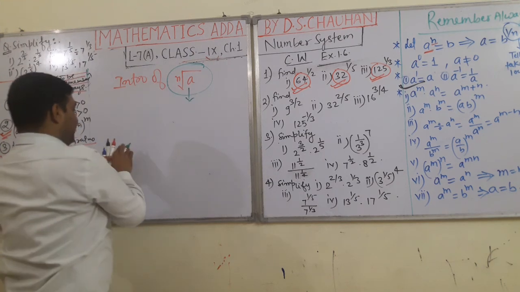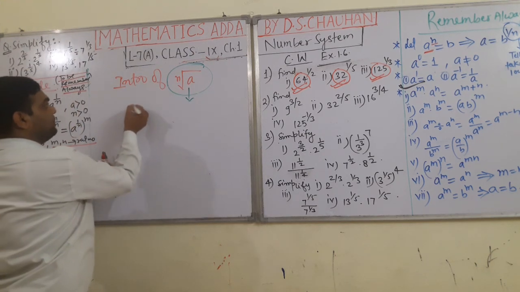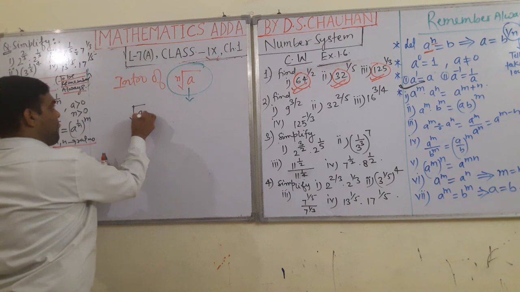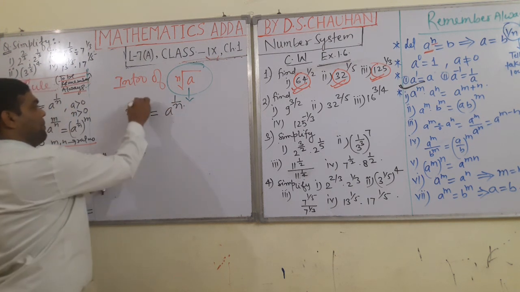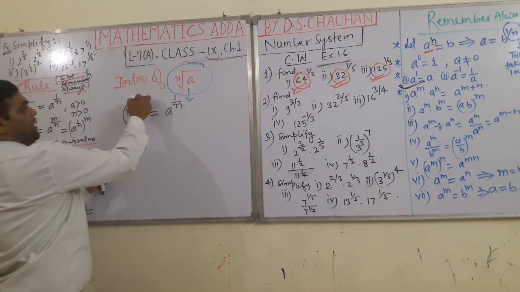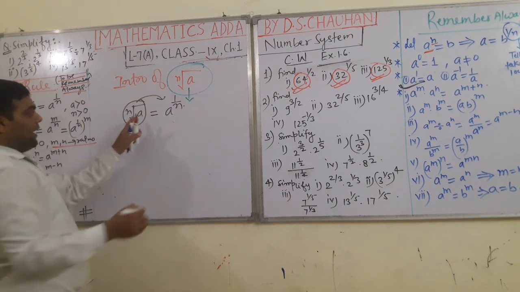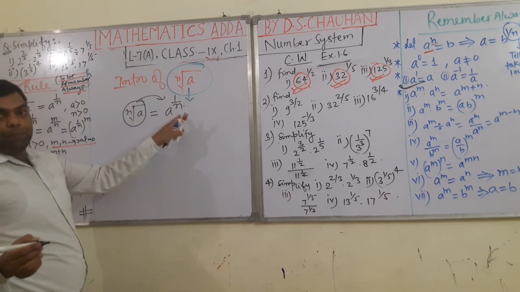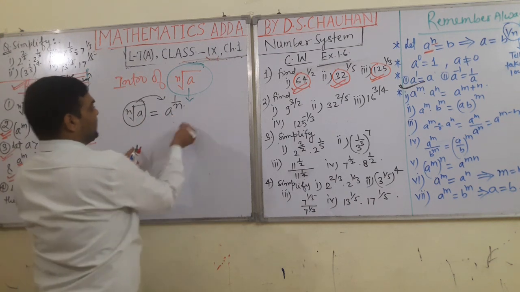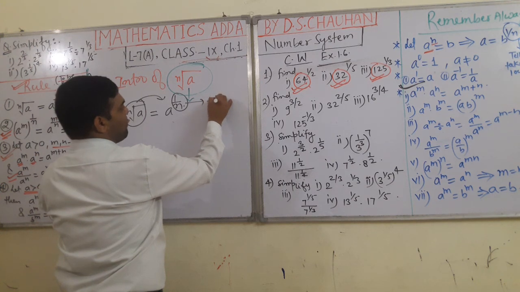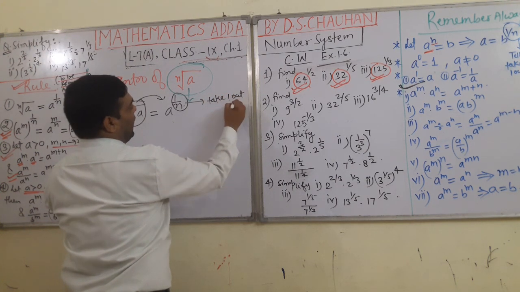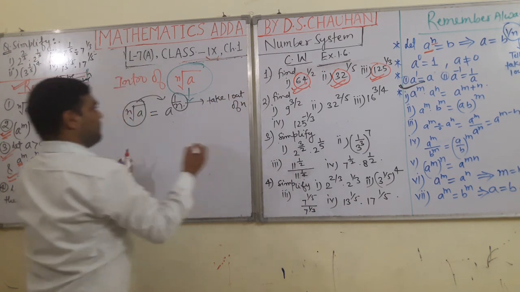What is it? Remember, this can be written as a to the power 1 by n. The meaning of this number is a to the power 1 by n. What does it tell us? This power tells us take 1 out of n.